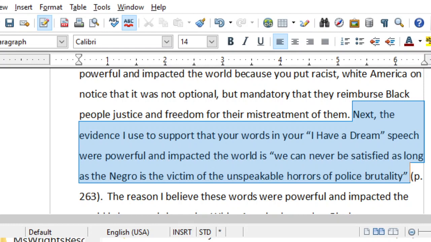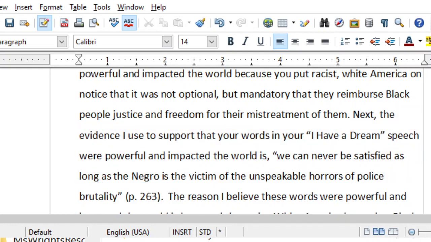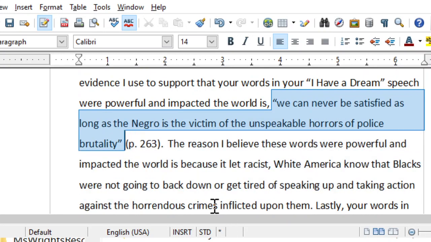So next, the evidence I used to support that your words in your I Have a Dream speech were powerful and impacted the world is, we can never be satisfied as long as the Negro is the victim of the unspeakable horrors of police brutality. Here's the page number right here. I put the page number where you can find this sentence in his speech.